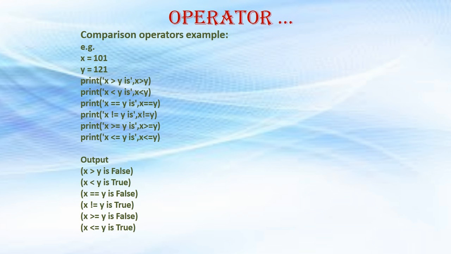So the output is "x greater than y is", printed as it is since it was in inverted commas, and False is the answer to x > y. The rest are also examples of comparison operators. You can check them thoroughly and then check the output.